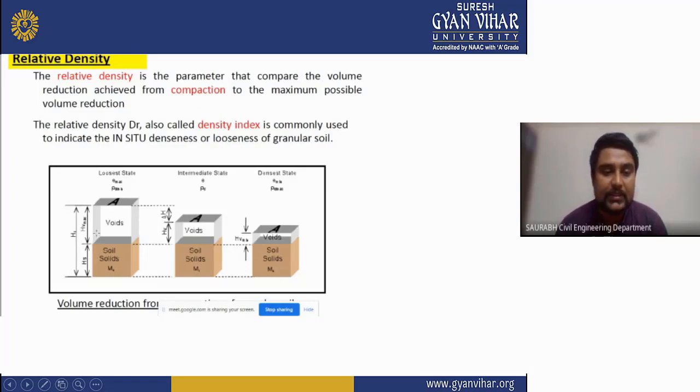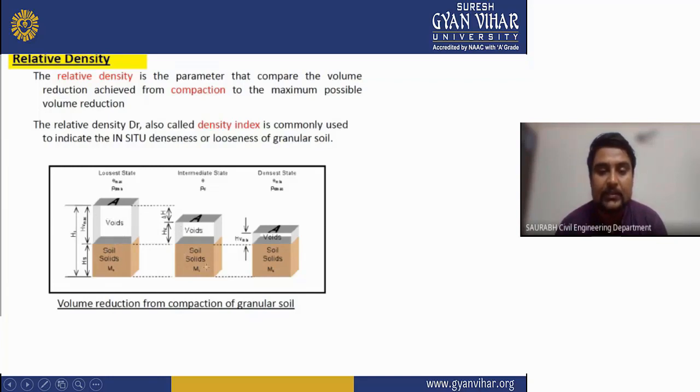As you can see, this graph is showing the different volume reduction in granular soil. As you can see in figure 1, this is not compacted soil, that's why there is more void.